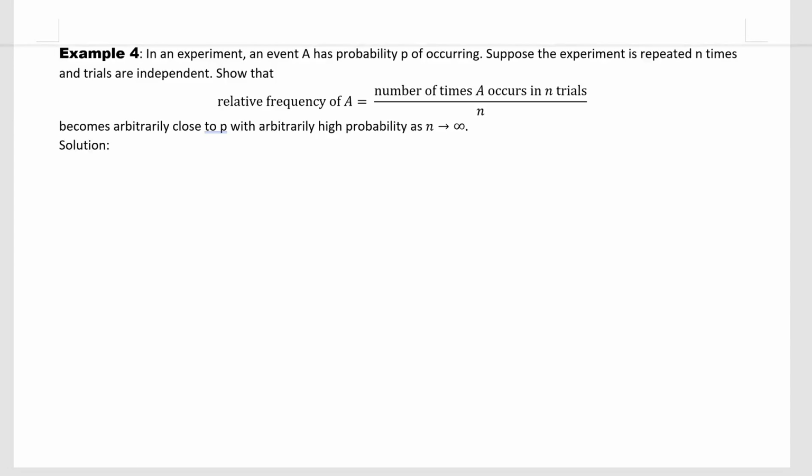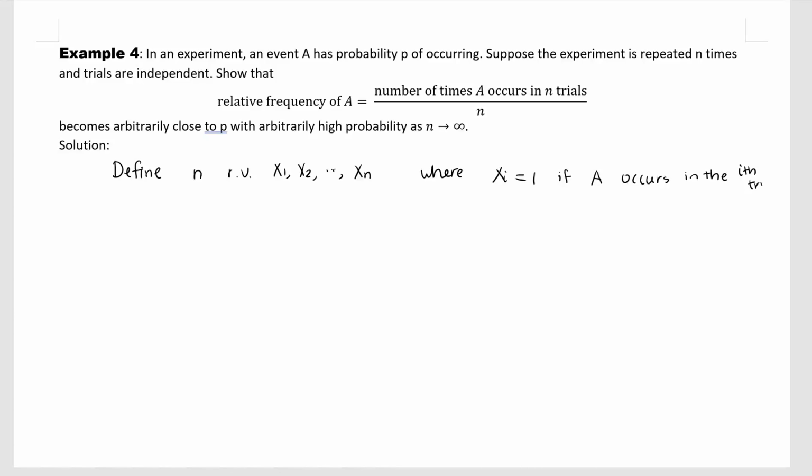So let's define n random variables x1, x2, up to x sub n, where xi equals 1 if A occurs in the i-th trial, and we define xi as 0 otherwise.